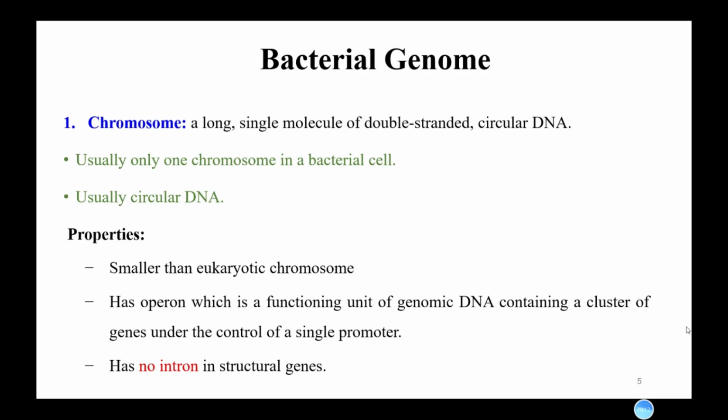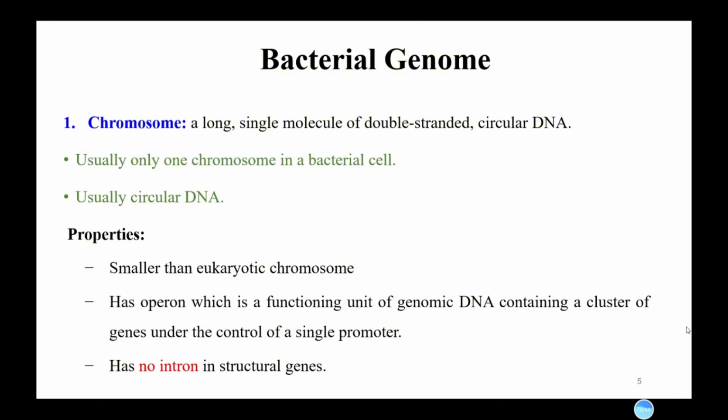And in bacterial chromosome, sometimes they have the operon set up in the DNA. An operon is a functioning unit of genomic DNA containing a cluster of genes under the control of a single promoter. An example of this is that you have several genes, A, B, C, D, linked together head to tail.